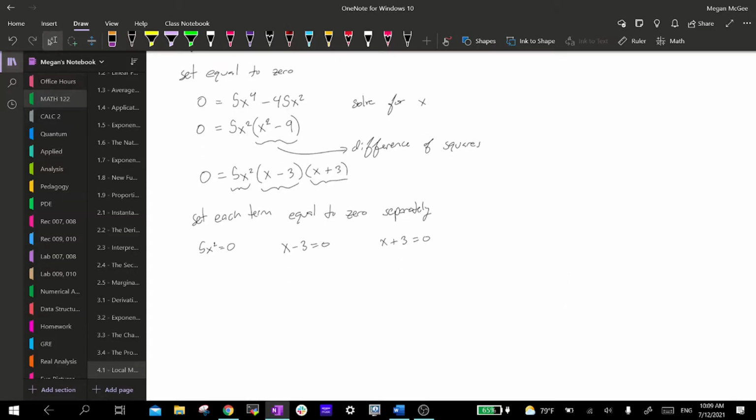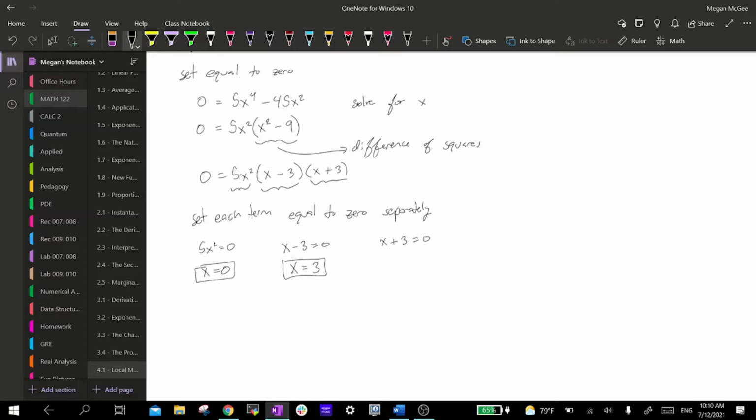And now we're going to solve all of these individually. So our first one here, we can divide by 5, but 0 divided by 5 is just 0. And then we have x squared is equal to 0. Well, square root both sides, again, the square root of 0 is just 0. So we get x is equal to 0. Next one, we add 3 to both sides, get x is equal to 3.